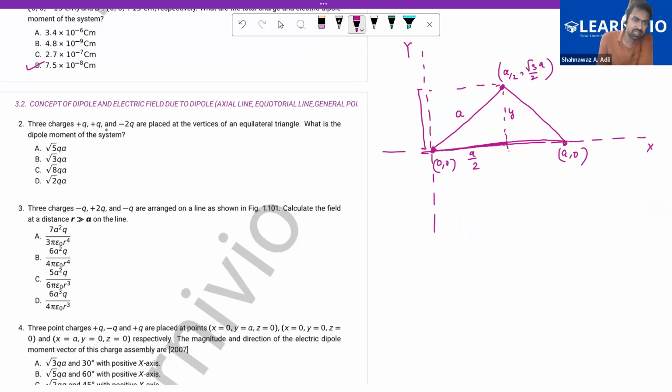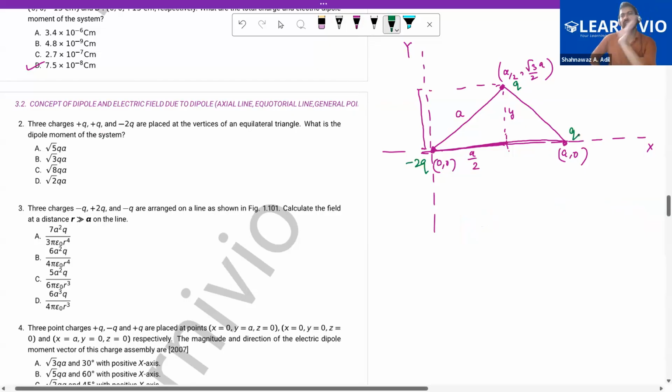Let me use a different color, it would be easy to understand. So this is minus 2q, this is q and this is q. Is this a dipole?